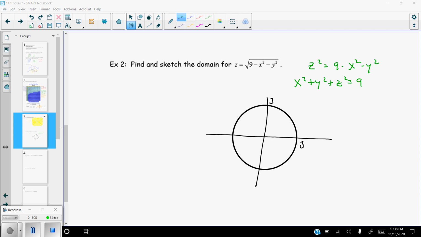So we're going to take everything that's under the square root, 9 minus x squared minus y squared, and make it greater than or equal to 0 to find our domain. So if we add the x squared and y squared to the right, we get that 9 is greater than or equal to x squared plus y squared, or basically x squared plus y squared is less than or equal to 9, which means that it's everything within the circle.